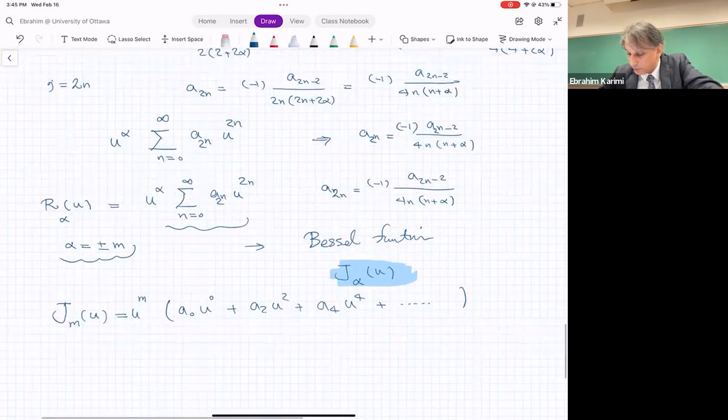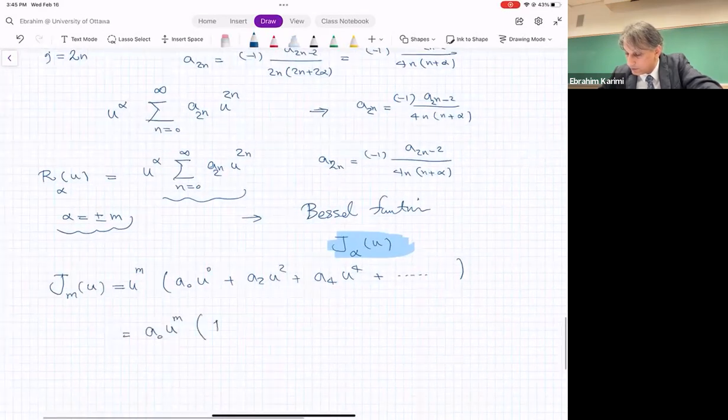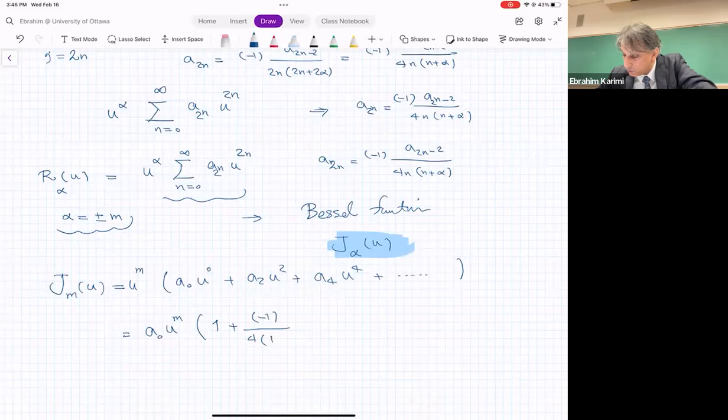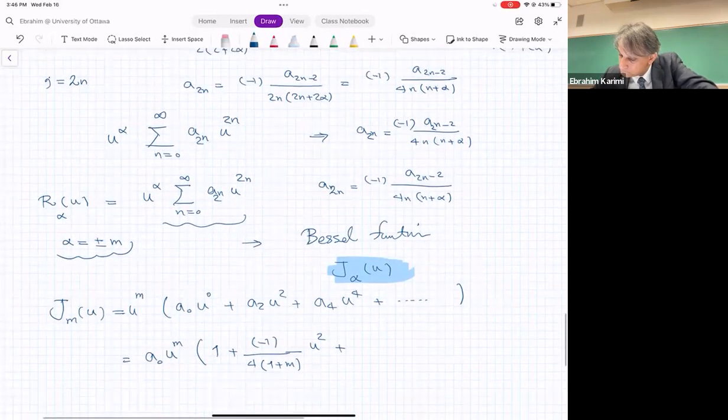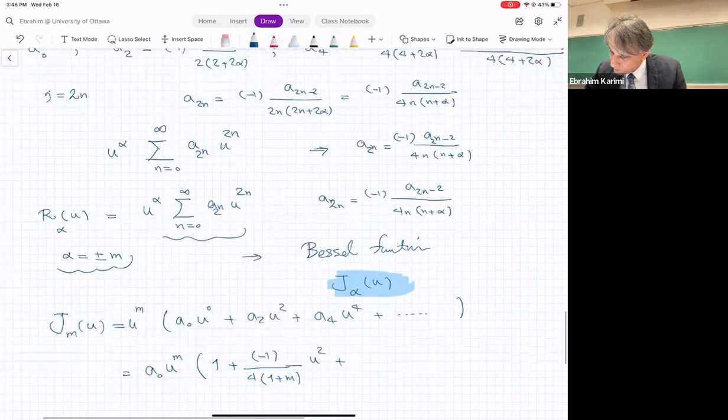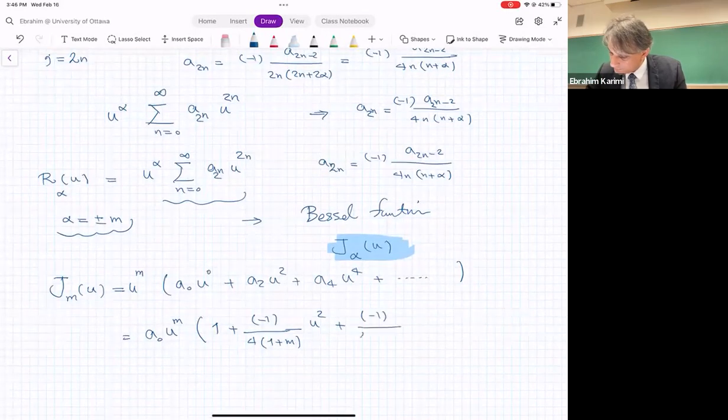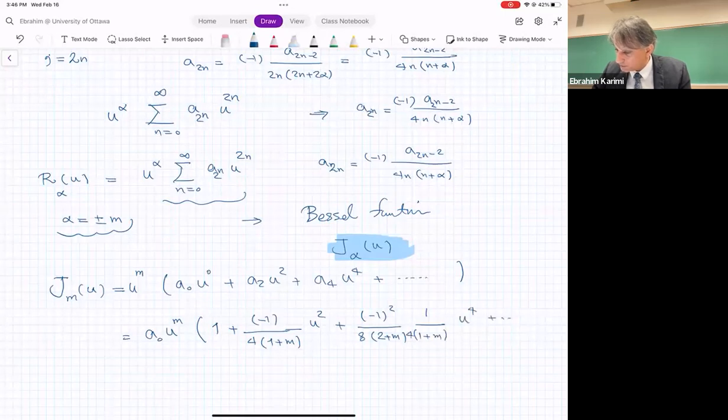A0 can also be factored out, with U power of M. Then it will be 1 plus the second term, which is A2, which will be -1 A0, factored out, divided by 4 multiplied by 1 plus M, times U power of 2, plus, we solve the other one, which is -1 divided by 8 multiplied by 2 plus M, power of 2, 1 divided by 1 plus M with the coefficient of 4 of U power of 4, plus the other terms.